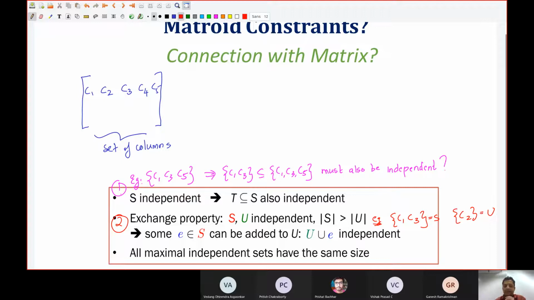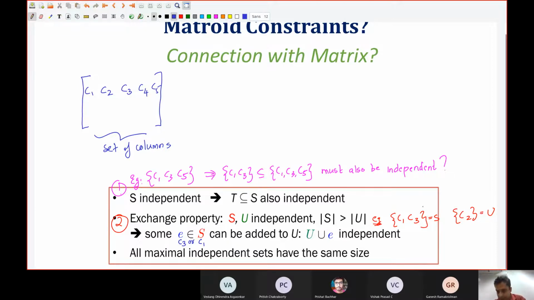What this second property says is that there must be some element E in S. This E could be, say, C3. It need not be C3. It could also be C1. But there must be some element in S that can be added to U such that U union E is also independent.